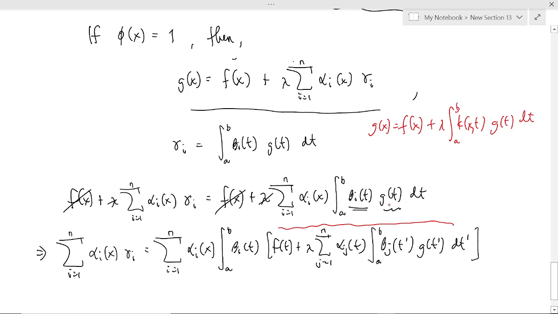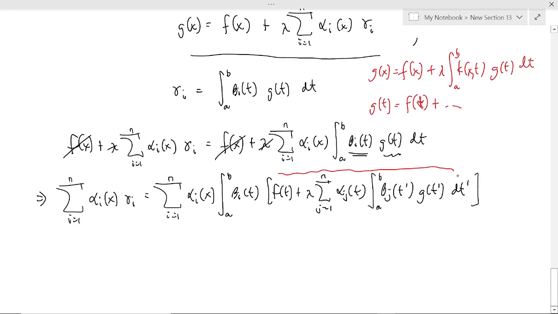And we did the same for g of t. So instead of x, why not we use t? So we have g of t equal to f of t plus and so on, where we can come up with this equation.